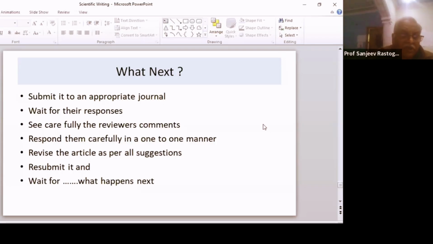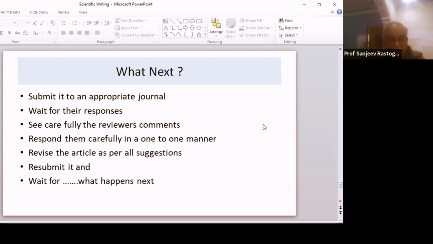No, it may take as long as 7, 8, 9 revisions. Even one of my articles took 9 revisions. I eventually became fed up with the revisions being requested by the journal, and I finally sent a mail to the editor asking what kind of process is being adopted for making the revisions or handling the reviewers' comments.